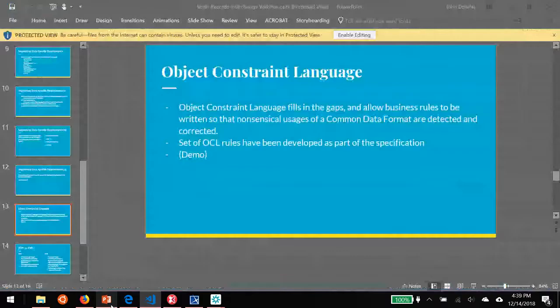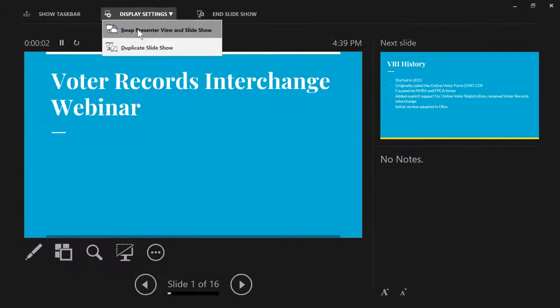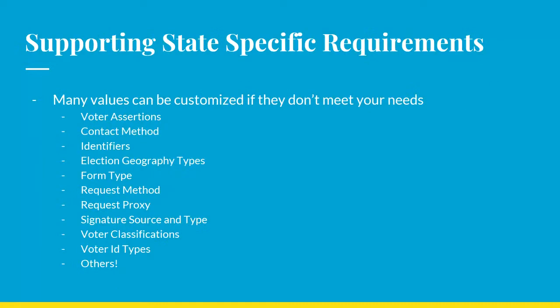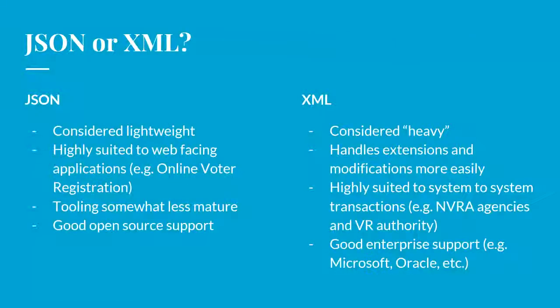So I'm going to go back to the PowerPoint. Another thing that often comes up is, which format do I use? We have the UML model, which is, for all intents and purposes, a picture and can't really implement the UML model directly. So we provide two formats that you can implement, JavaScript Object Notation and XML.